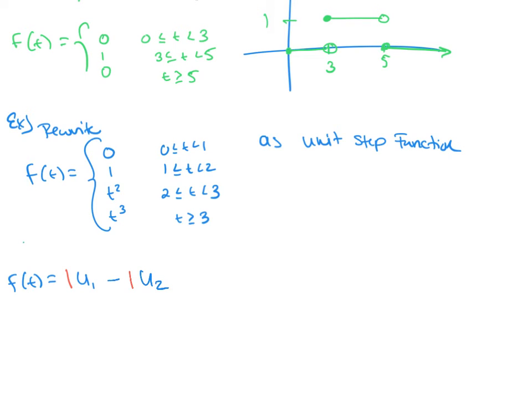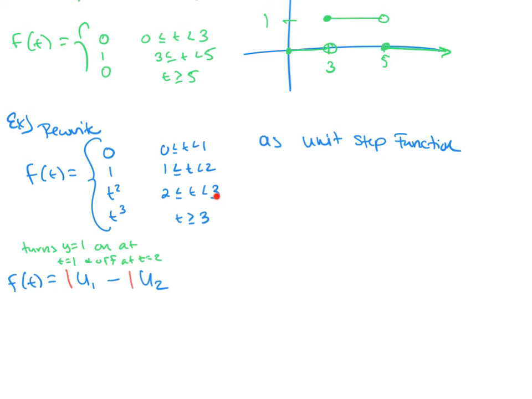So this turns y equals 1 on at t equals 1 and off at t equals 2: u1 minus u2.